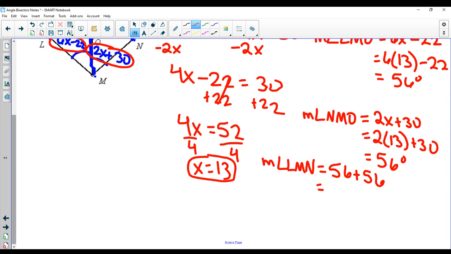And if I can do math correctly, should get 112 degrees.